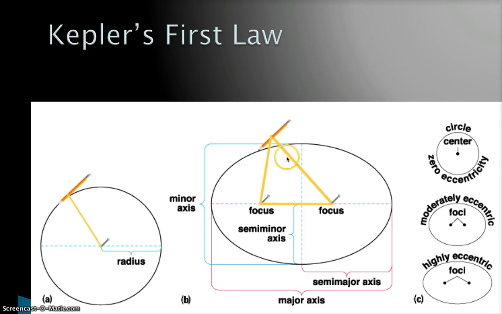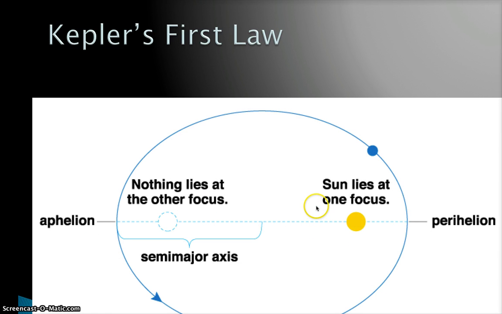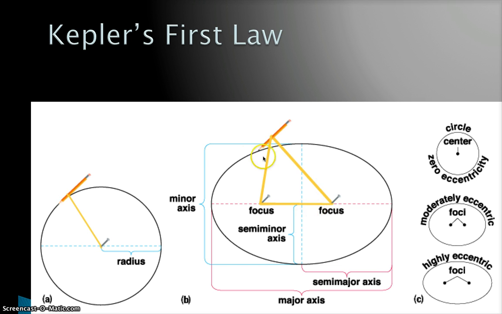If we have a string of constant length that's attached to both of these focus points, and we hold that taut, we can draw an ellipse, which is a little bit longer across than it is from top to bottom. The distance the long way is called the major axis. The distance across it, the short way, is called the semi-major axis.